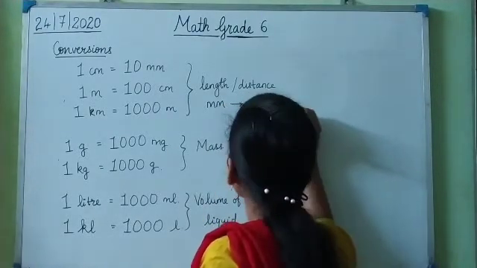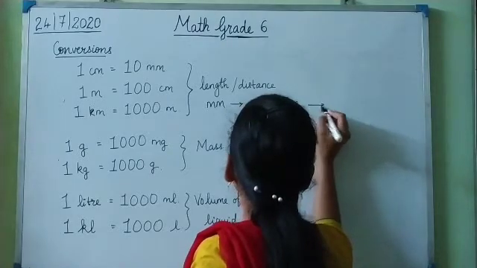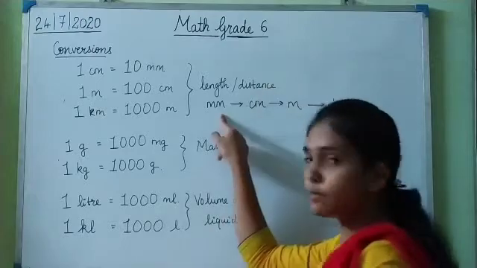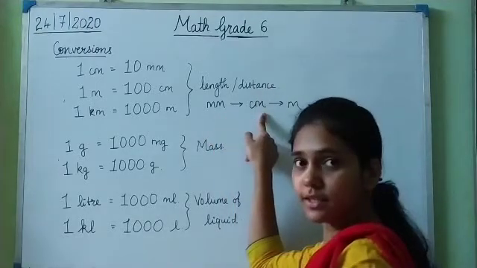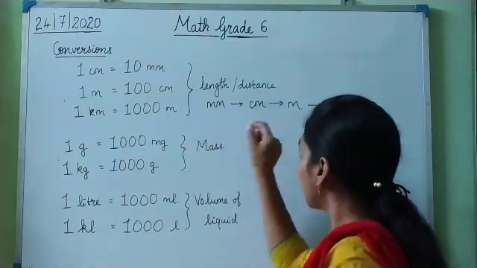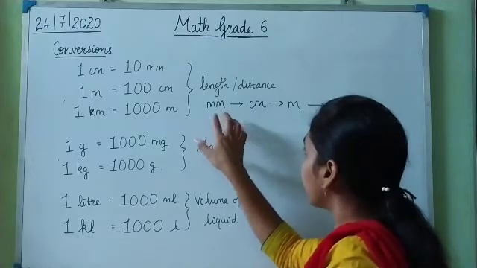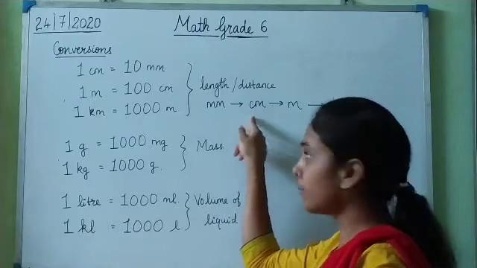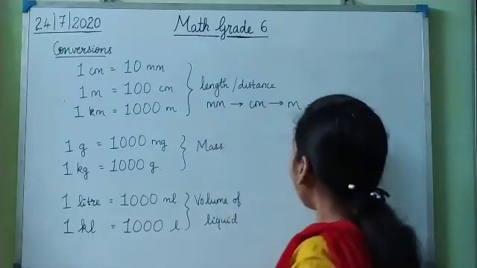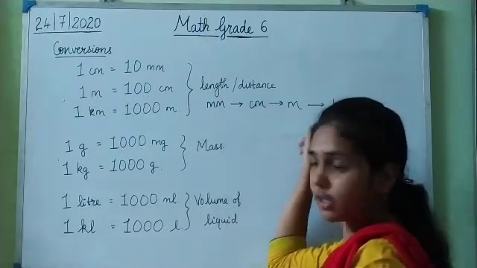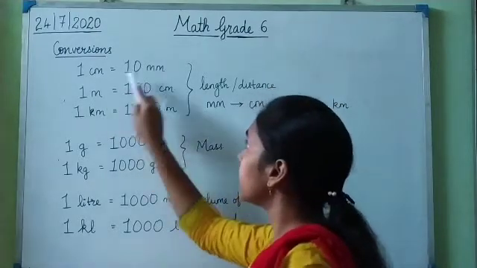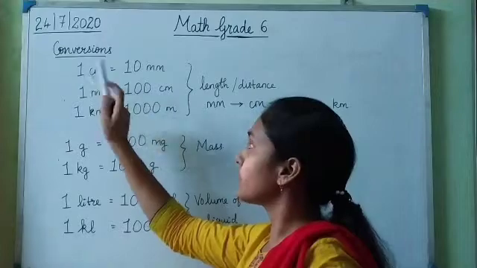After centimeters come meters, and after meters come kilometers. So the millimeter is the smallest, the centimeter is second smallest, the meter is greater than both the centimeter and the millimeter, and the largest is the kilometer.